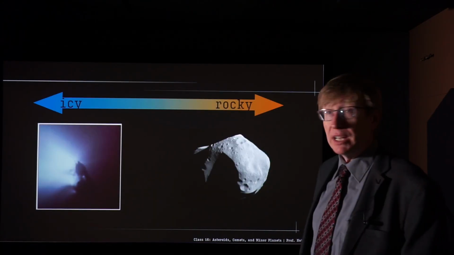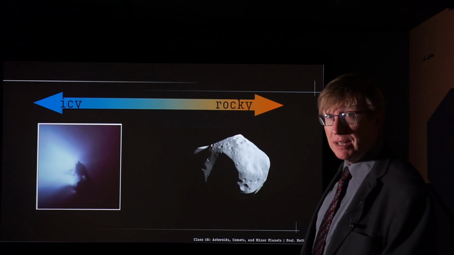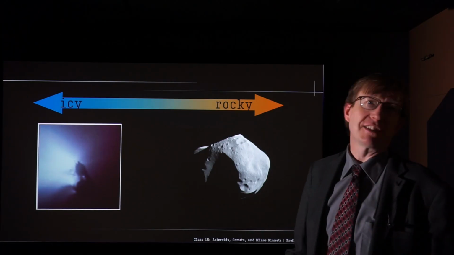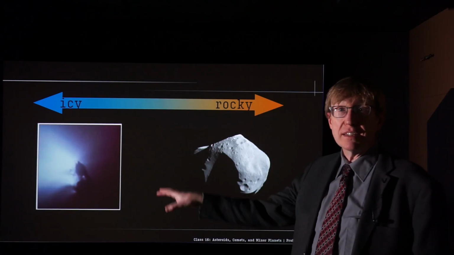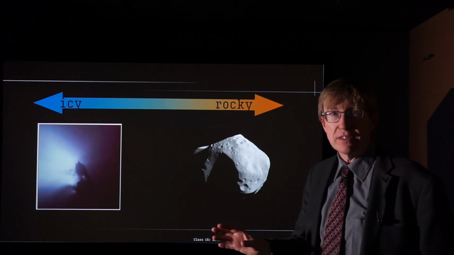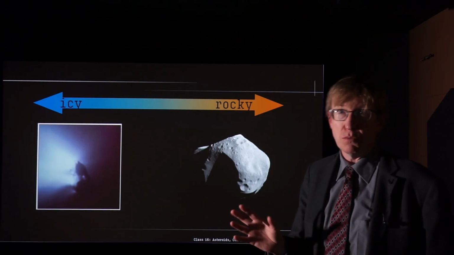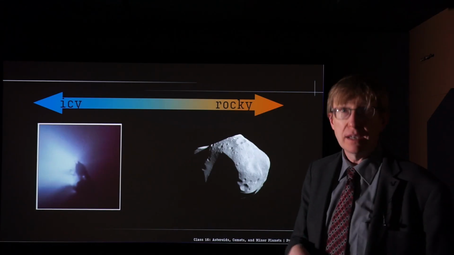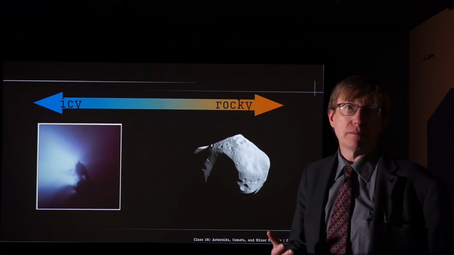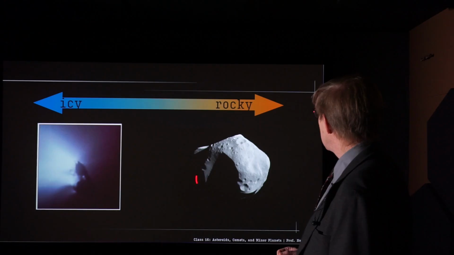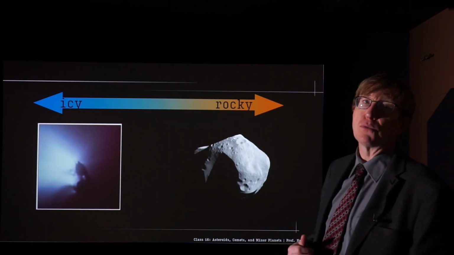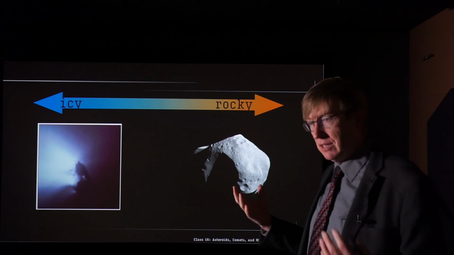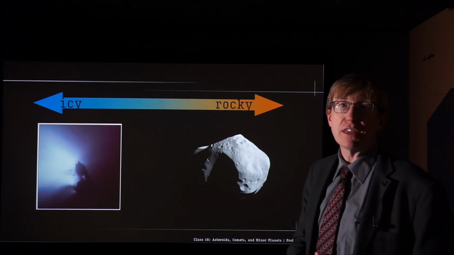What makes the difference between a comet and an asteroid? Well, it's the composition. Comets formed way outside the frost line. They're made of a lot of ices, like nitrogen ice, which becomes a gas when it gets close to the sun, water ice, and other volatile materials. Asteroids formed inside the frost line, mostly made of rock and other things that can stay solid or liquid when inside the frost line.